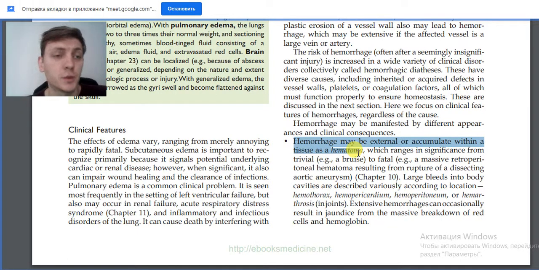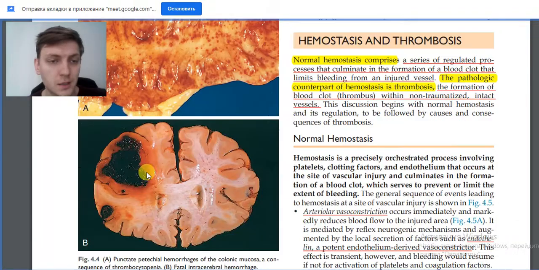For example, a hematoma in the skin is known as a bruise. But a massive hematoma, for example in the brain, can cause, let me show this diagram, huge hemorrhages that can replace the tissue, for example brain tissue. They might also cause death. Of course, it causes brain edema, and that sometimes causes death.